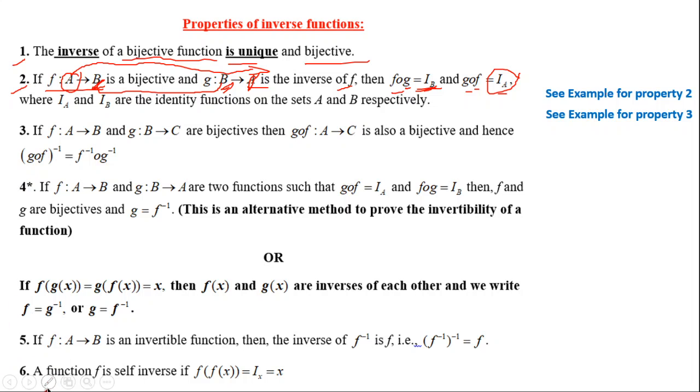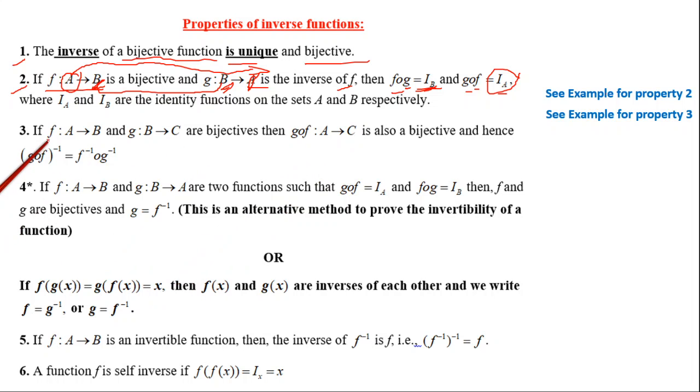Now the third property is, if f is a function from A to B and g is a function from B to C and both are bijective, then f composite g from A to C is also bijective.